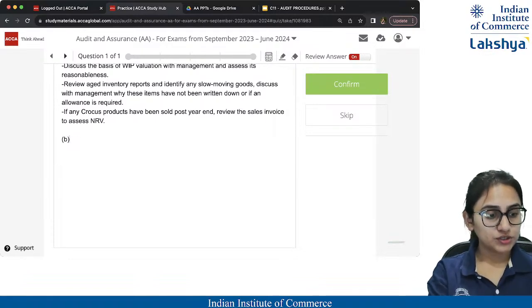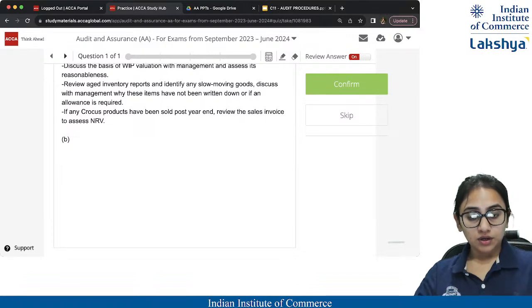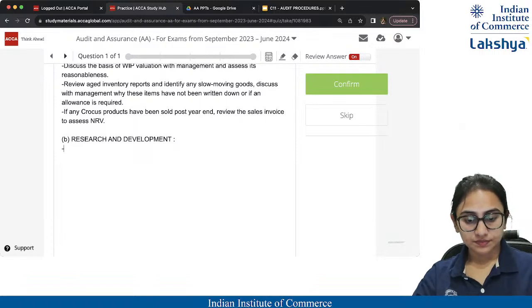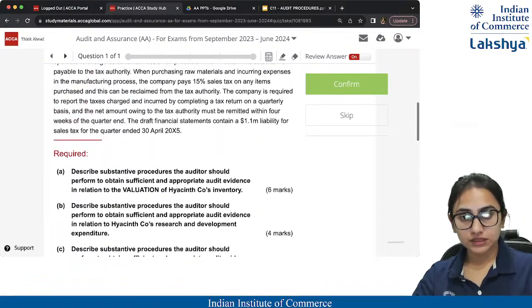Inspection, observation, inquiry, external confirmation, recalculation, reperformance, and analytical procedures, that is analyzing the relationship between information for any differences. Research and development. So go through that for once.